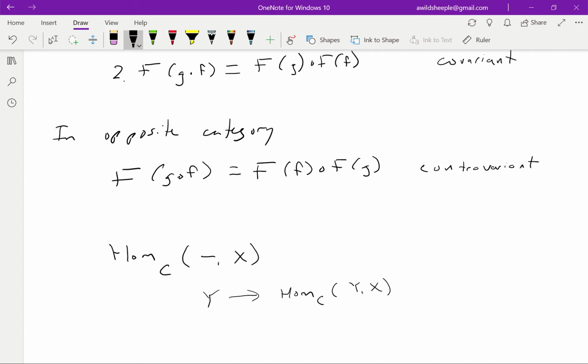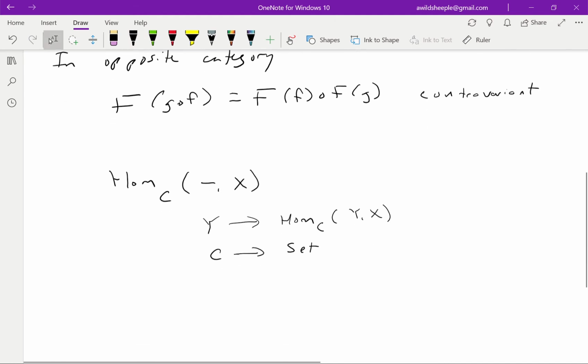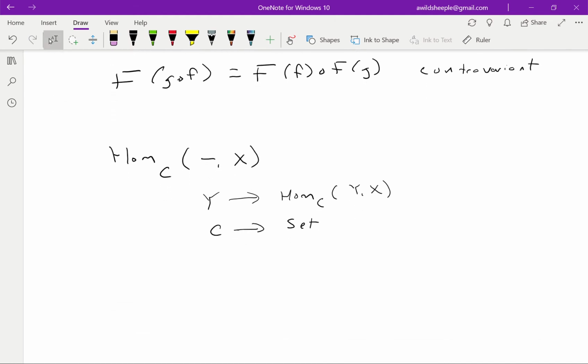So this is a functor C to Set, and it's a contravariant functor because the natural way that these things interact is by pullback, which is going to be contravariant.